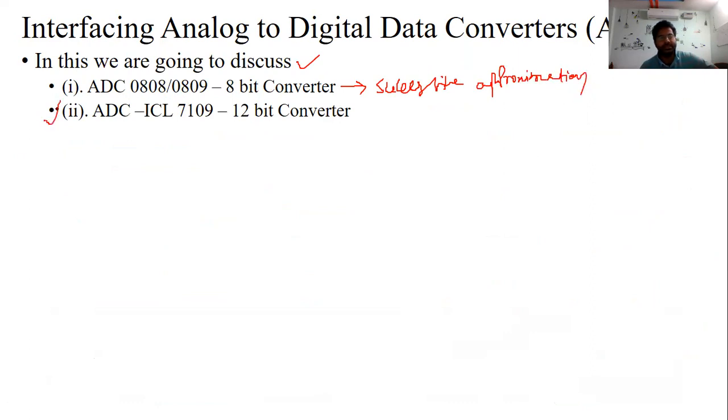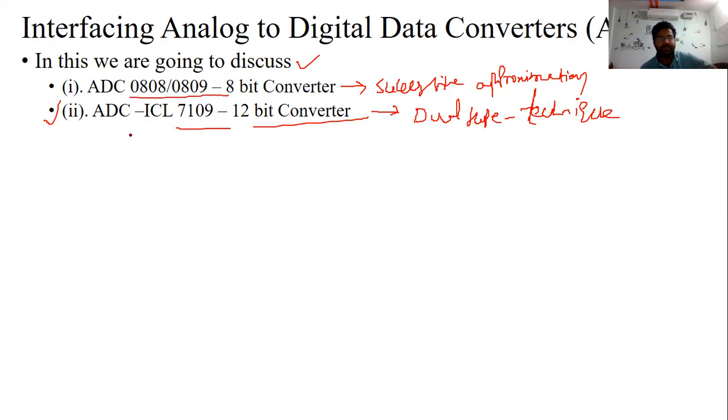What is the other type? The second one is the ADC ICL 7109. It is a 12-bit converter. We can use it with the dual slope technique. So two types of analog to digital converters are available. First, the 0808 or 0809 8-bit converter.